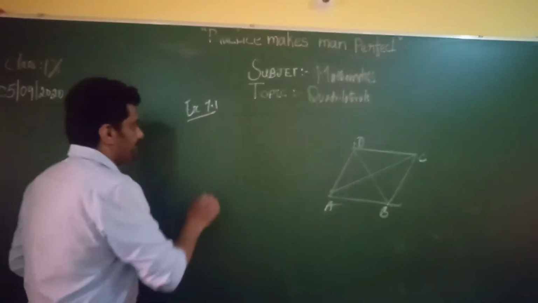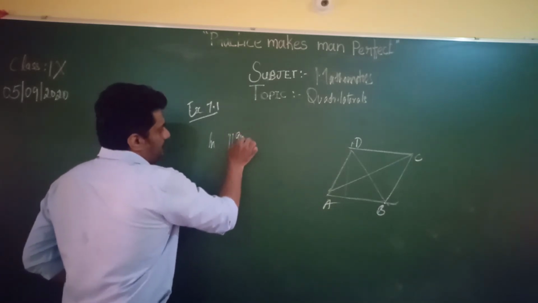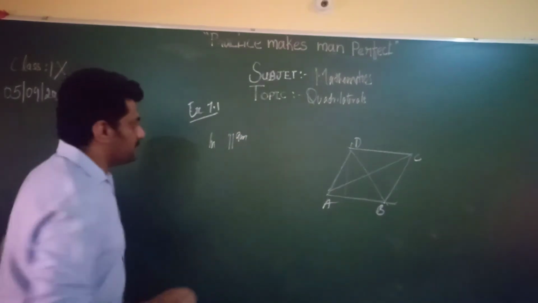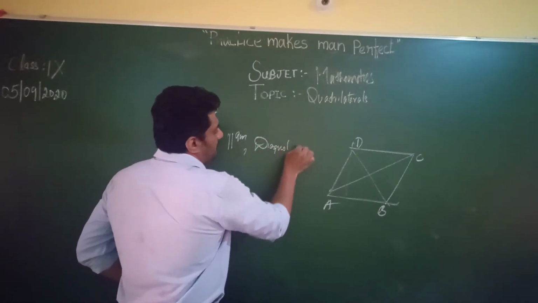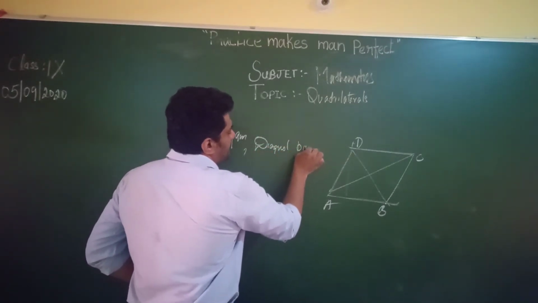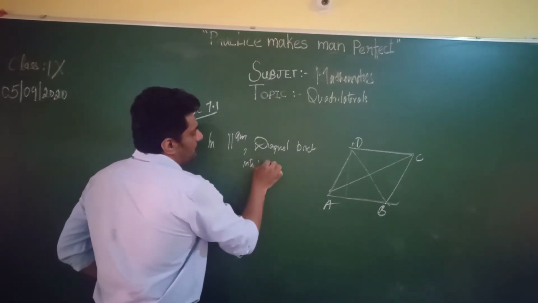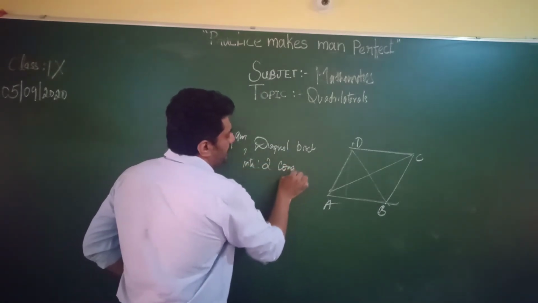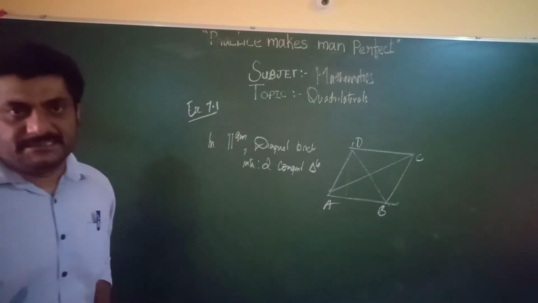That means in a parallelogram, a diagonal bisects it into two congruent triangles. This we have already done.